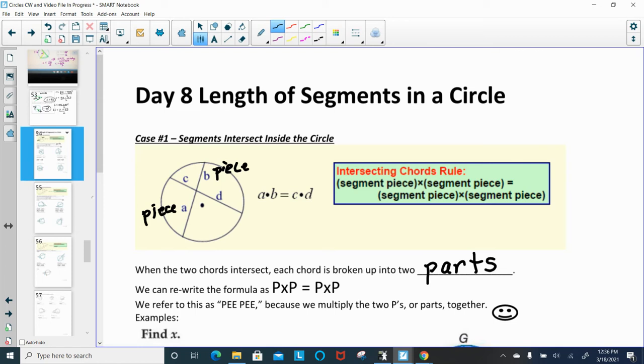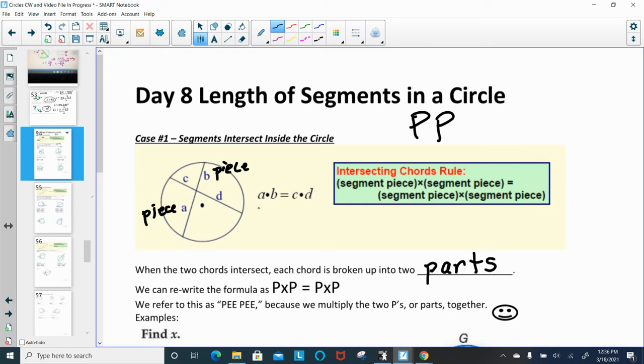So I'm not even really sure where this formula came from. I'm not even sure that North Stafford came up with it, but we call this PP. And the kids laugh at us every year for using it. It's such a silly rule. We call it PP. This is our PP rule.